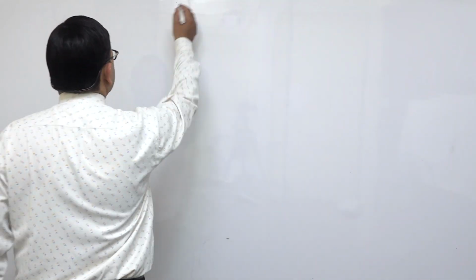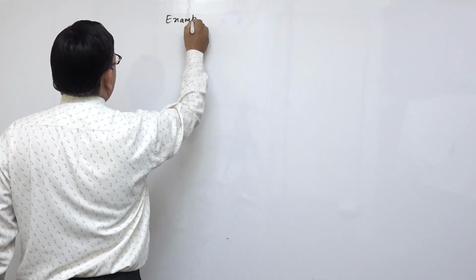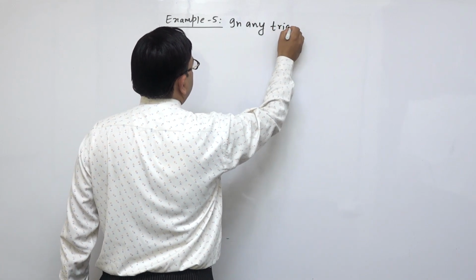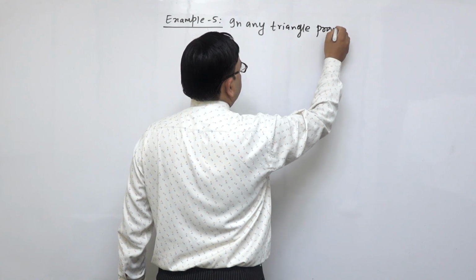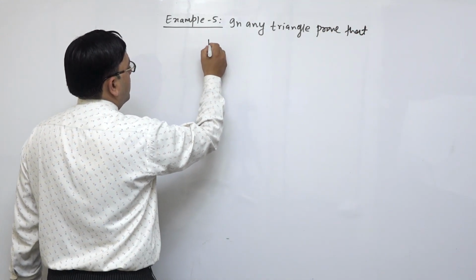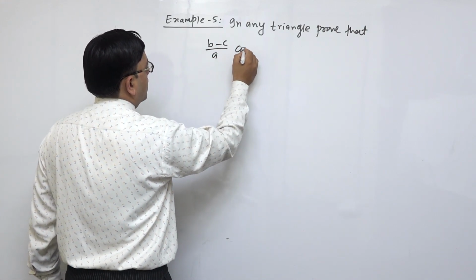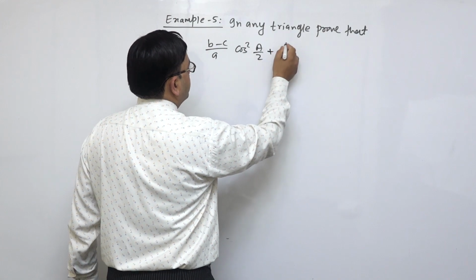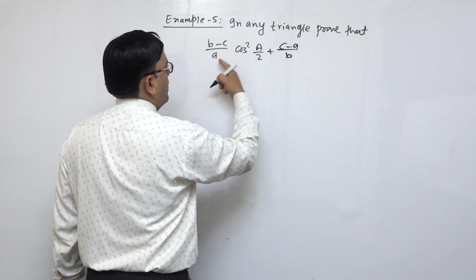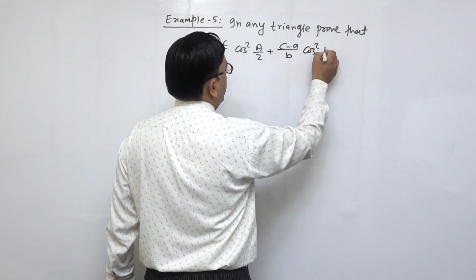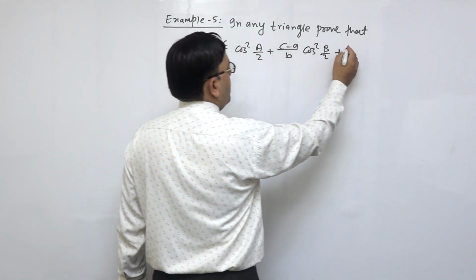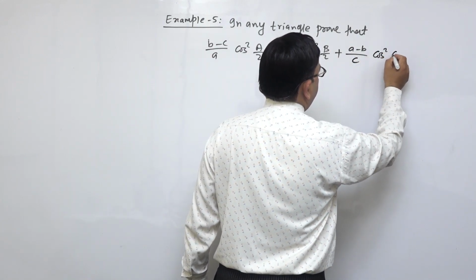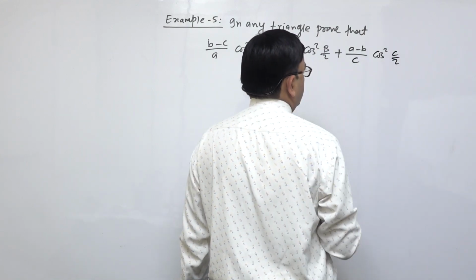Example 5. In any triangle, prove that (b minus c) by a cos square A by 2 plus (c minus a) by b cos square B by 2 plus (a minus b) by c cos square C by 2 is equal to 0.